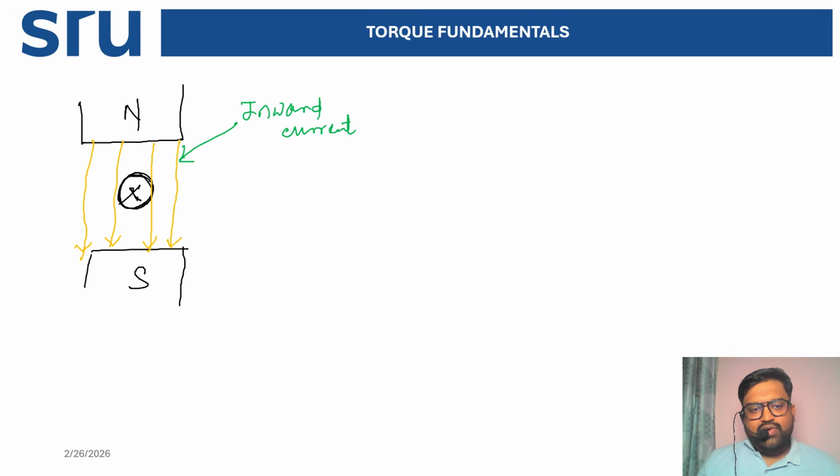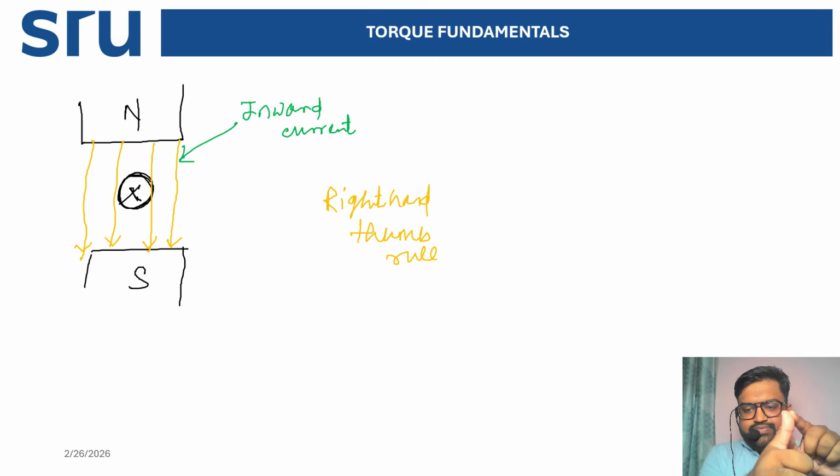If your current is inward, come to the right hand thumb rule. Suppose this is your right hand, and this is the thumb.